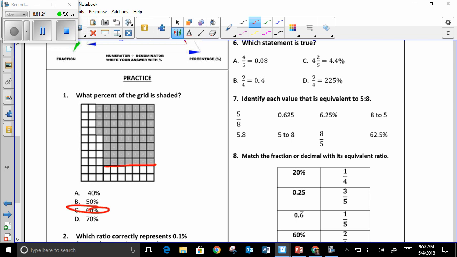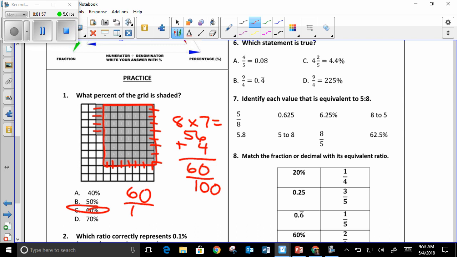Could you just kind of make this an area instead of counting every single box? Could you go 1, 2, 3, 4, 5, 6, 7, 8, and 8 by 1, 2, 3, 4, 5, 6, 7, and 8 by 7, which is what? 8 by 7 is 56, and then you can add 1, 2, 3, 4, which gives you the total of 60. 60 out of 100 is 60%, right? 60 out of 100.